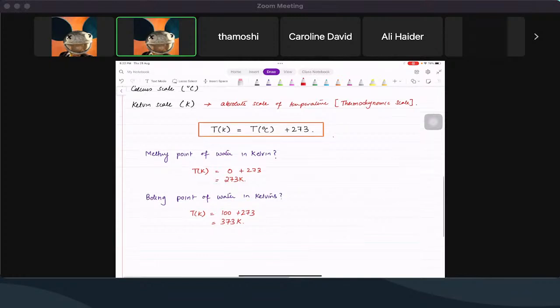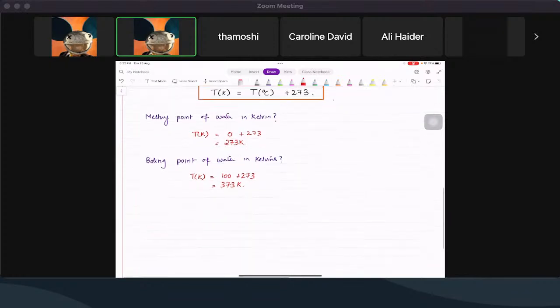Now with that, we can talk about the absolute zero temperature. Absolute zero temperature is the temperature at which minimum kinetic energy is present in the molecules of a body.